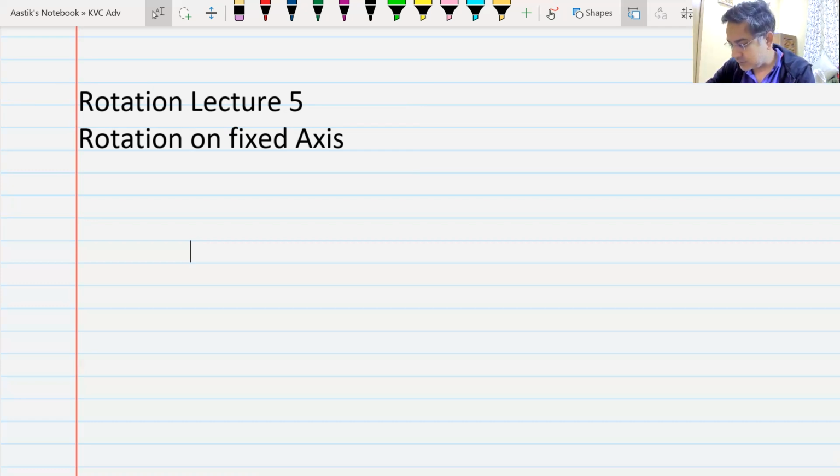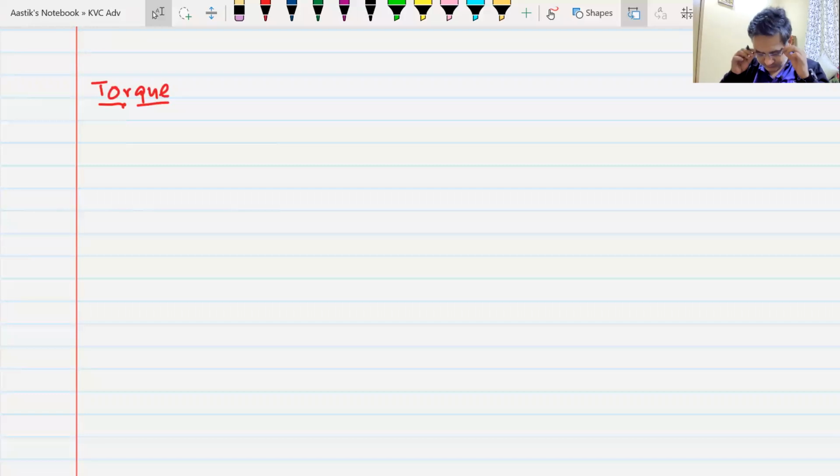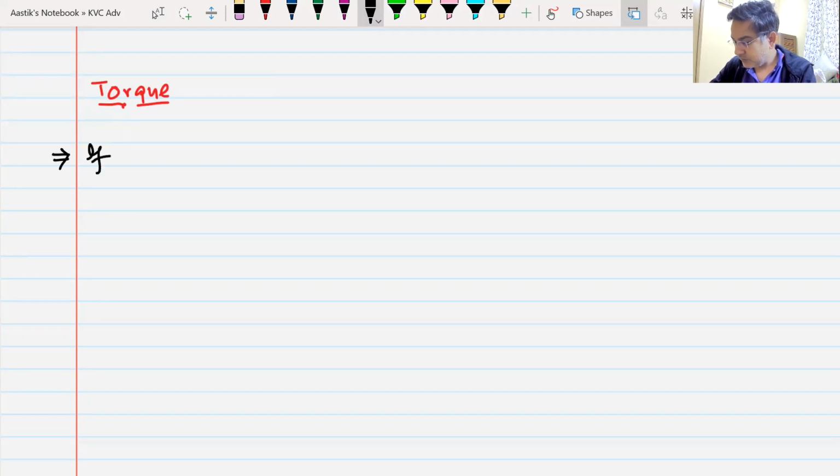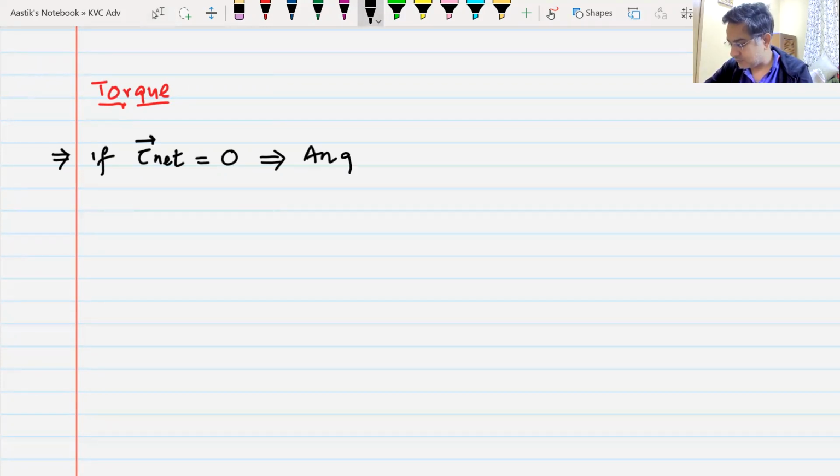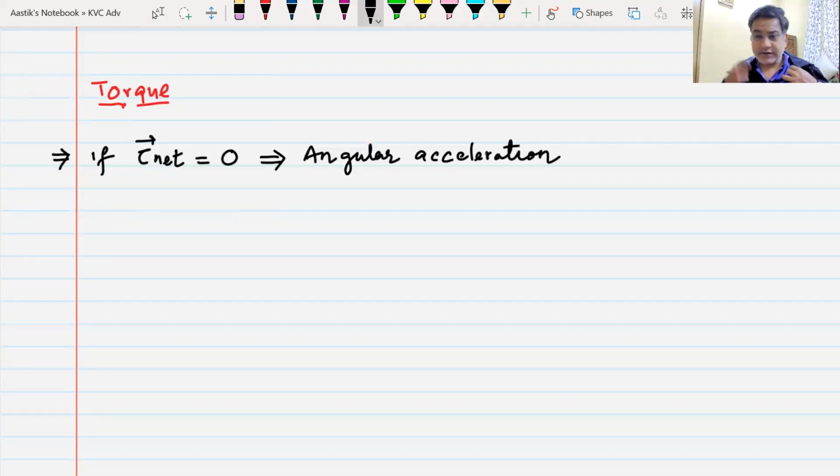You can write the heading: torque. If the net torque acting on a body is not zero, then the body will have angular acceleration.